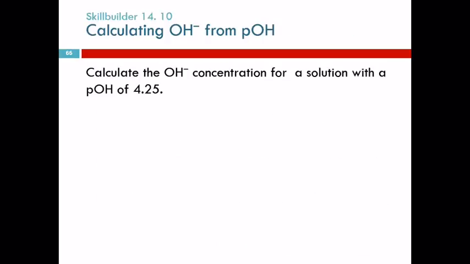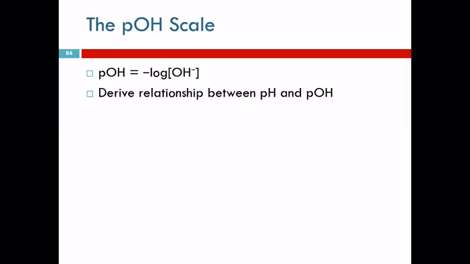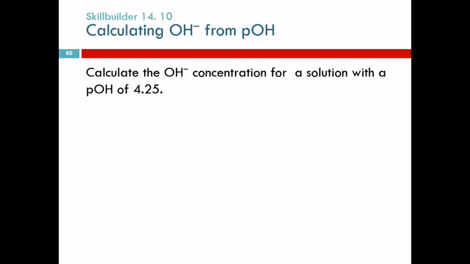Okay, so calculating OH minus from pOH. We've got the hydroxide ion concentration and we have the pOH. Did I skip one by accident? No, I didn't. We have pOH, we want hydroxide ion. So the hydroxide ion concentration equals 10 to the minus pOH.